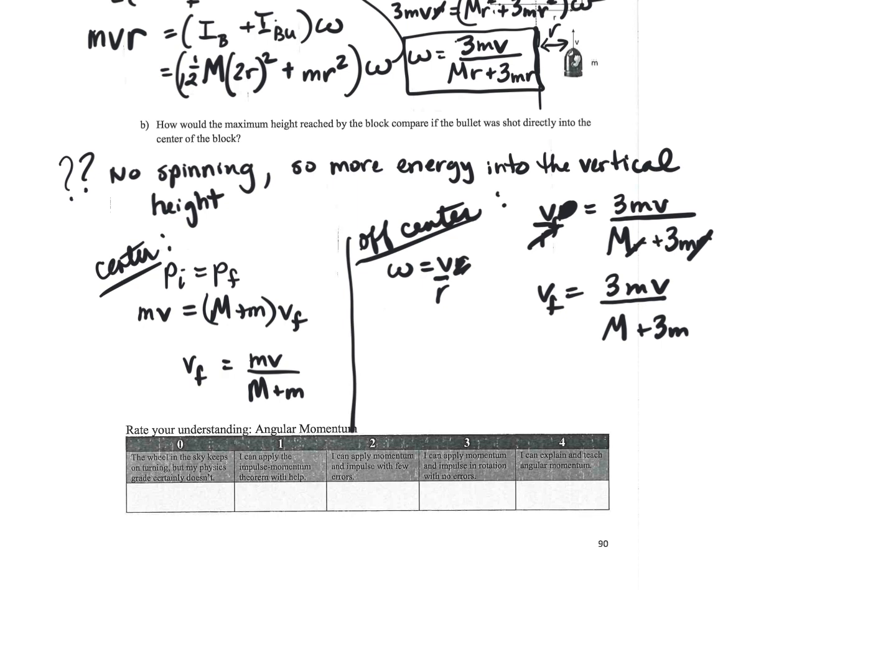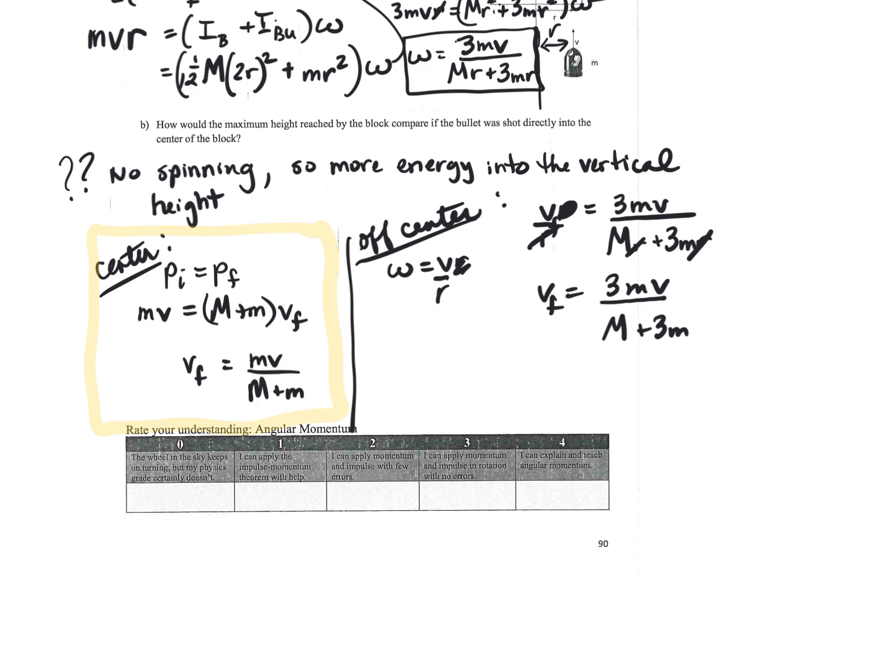Here's the problem though. If linear momentum is conserved separately from angular momentum, doesn't that mean no matter where you hit it, it's still going to be this at the end? Because linear momentum doesn't matter where you hit it. So the linear momentum is still going to be conserved, which means what?